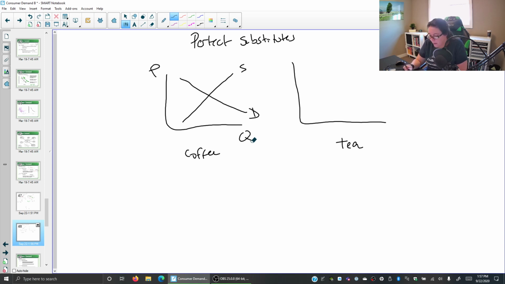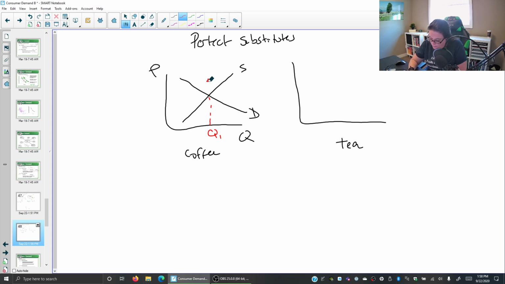So what we have here is a change in supply because it is the business who's producing the coffee who's experiencing the change. And as it gets more expensive to produce coffee, if you want the producers to make the same quantity of coffee, they're going to have to charge more. So you can see that we're at a higher price for the same quantity. Notice we are not on the demand or supply curve. But it is a change to the business, so it is a change to supply.